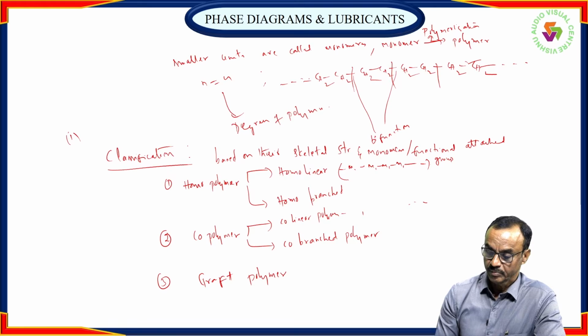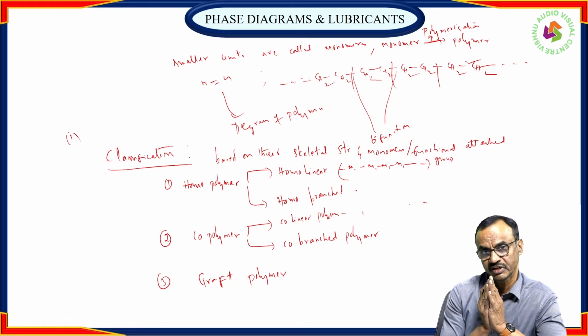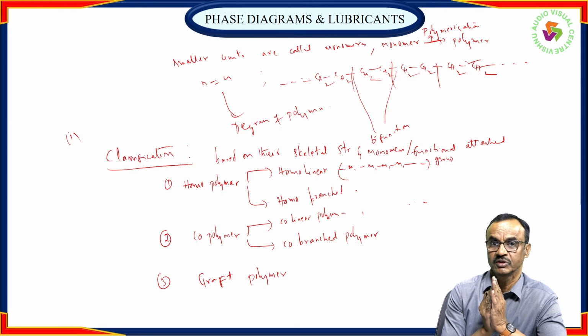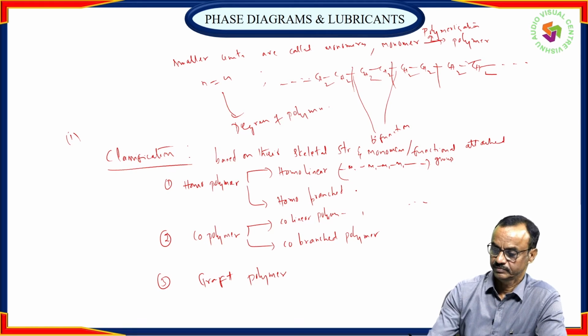Homo-branched polymer. This polymeric chain also consists of identical groups, but branches are also there: M1, M1, M1, M1, M1, M1, like this.